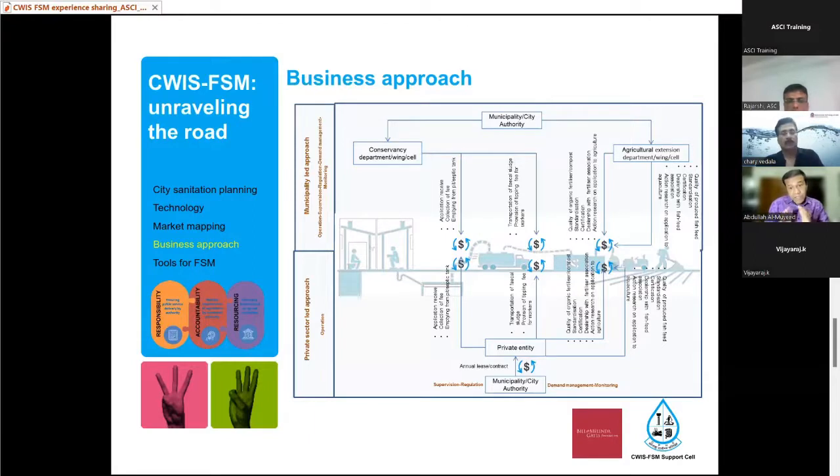But at that time, it was very difficult to get some communities or some cohort of sanitation workers at that municipality. So who actually can be the catalyst of this private sector approach? So in 2014, the municipality decided to start with the municipality-led approach.